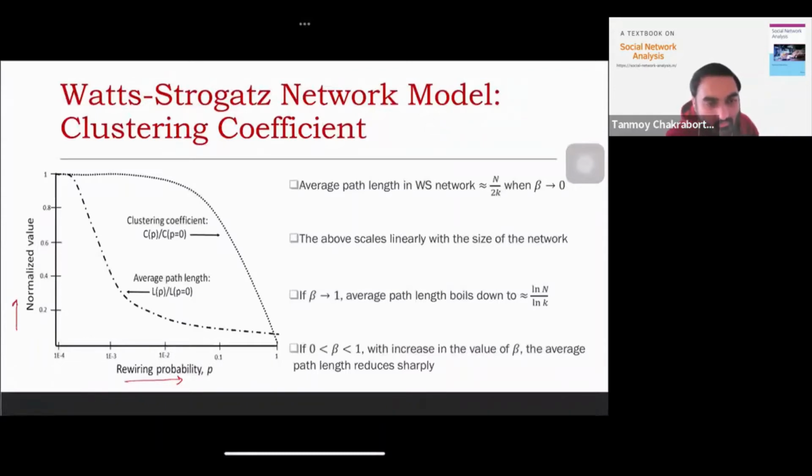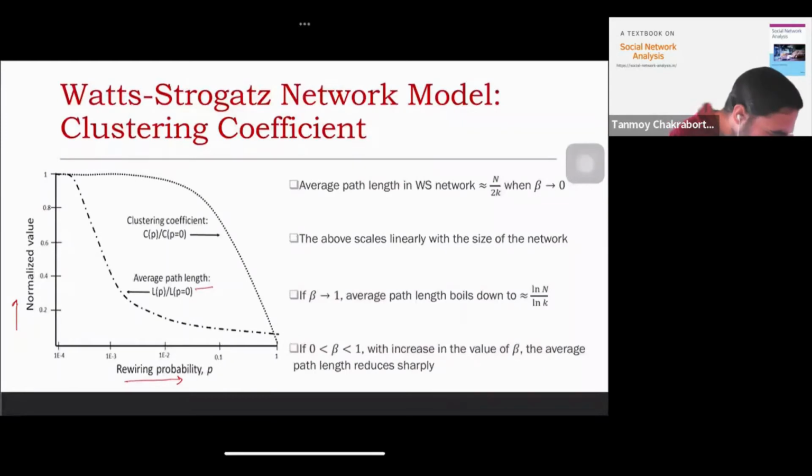In this case, we consider two values: the clustering coefficient and the average path length. Random networks were not able to fit the real-world clustering coefficient, therefore we shifted to the lattice model. The lattice model was successful in capturing the real-world clustering coefficient, whereas for average path length, the random model was very successful but the lattice was not. So the idea was, can we have an intermediate stage between a random network and a lattice model which satisfies both these properties, clustering coefficient and average path length?